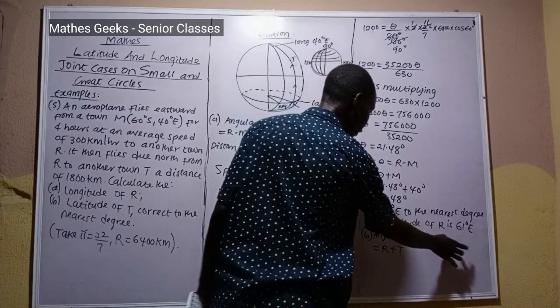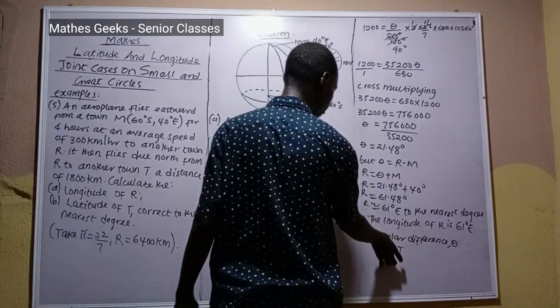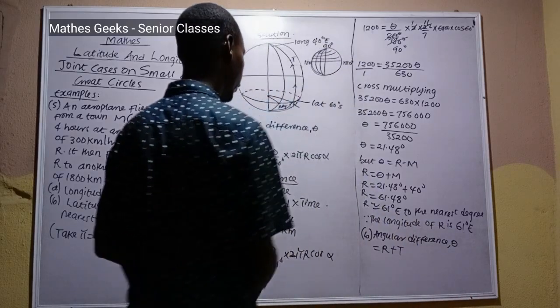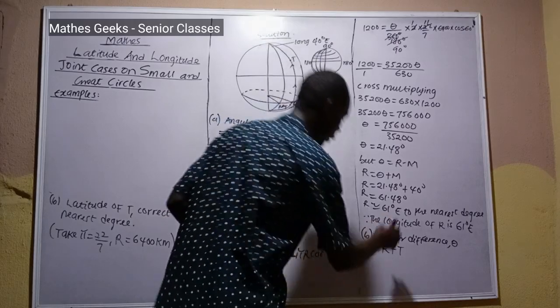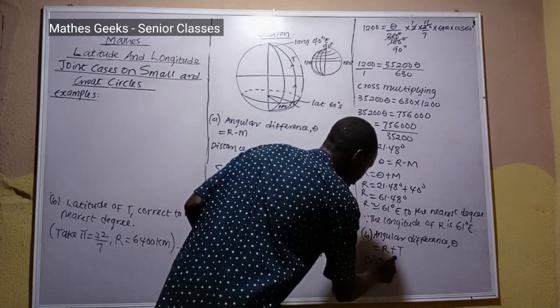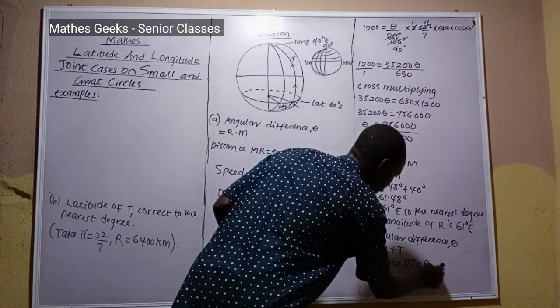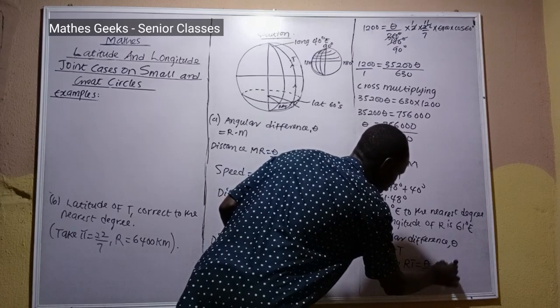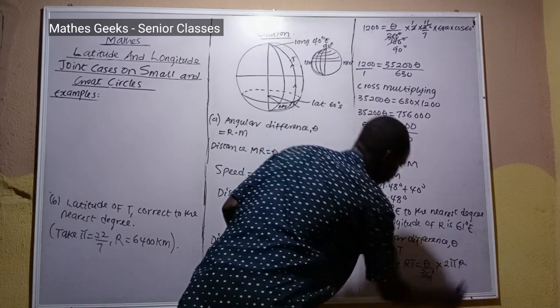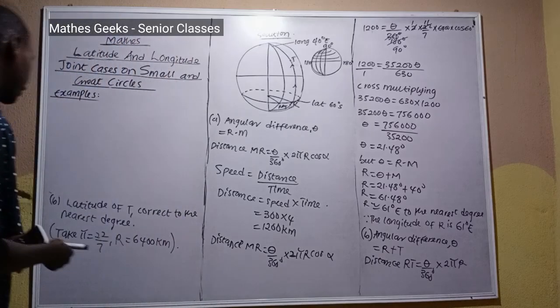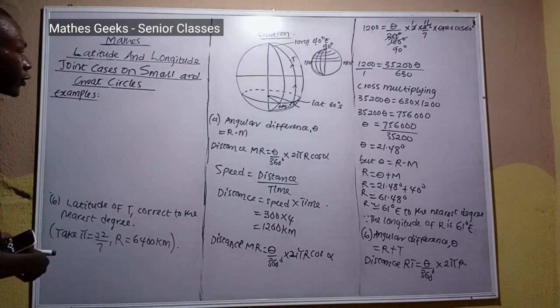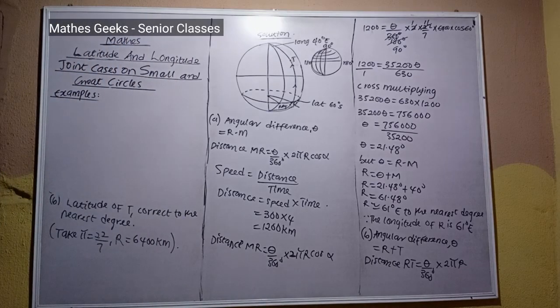So let's look for theta first using this equation. Distance RT is on the great circle. Distance RT is equal to theta over 360 degrees times 2 pi r, and distance RT from the question is 1,800 kilometers.